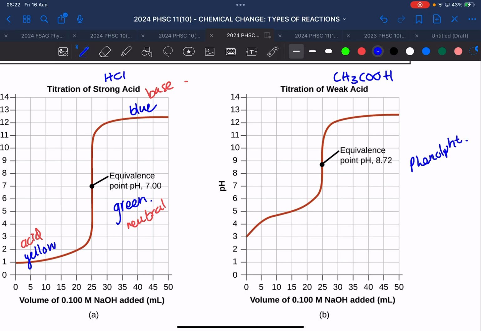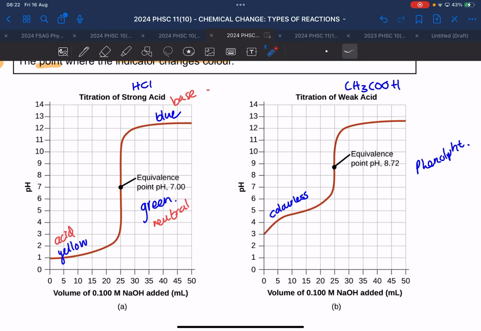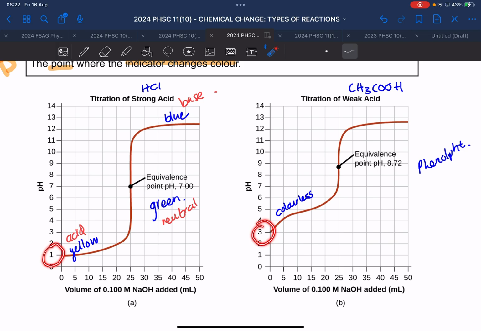Okay, then, when we started with no base, zero base, it was only the acid. What color was it? Colorless. Can you see that the pH is a bit higher up than this one? Why? Because it is a weak acid. This was a strong acid. So the pH is a bit higher up, but it's still an acid.